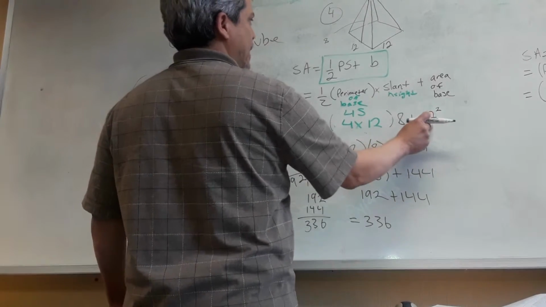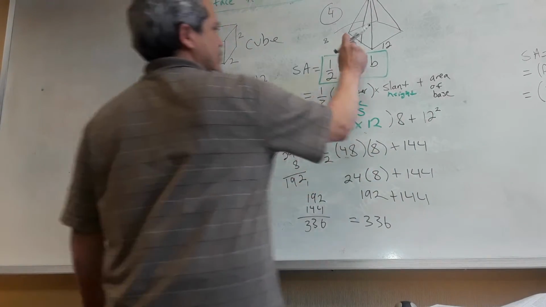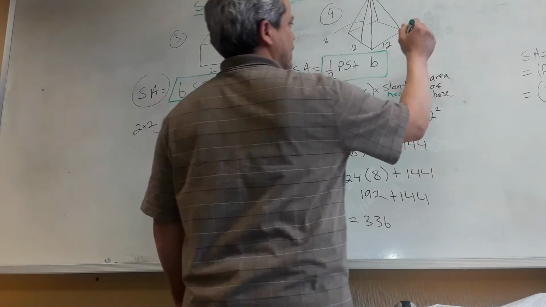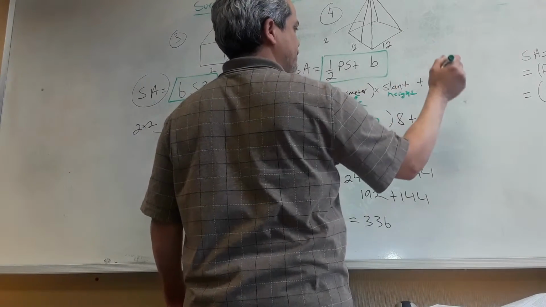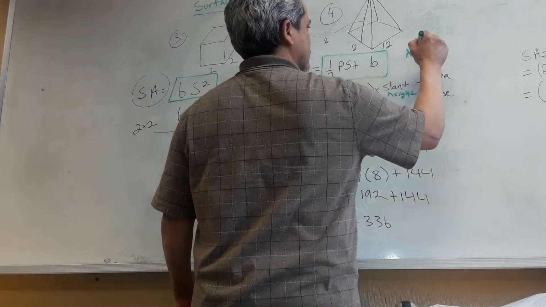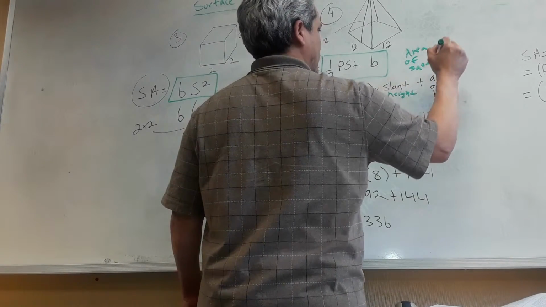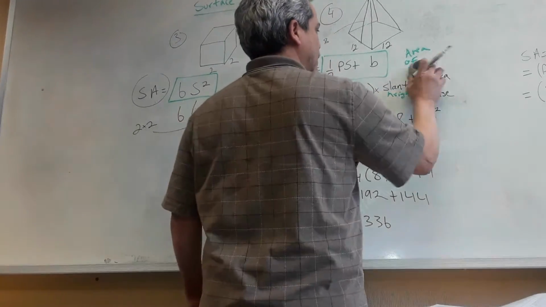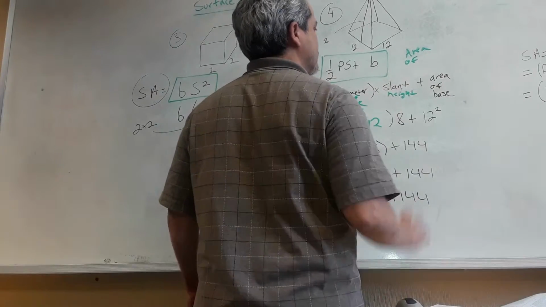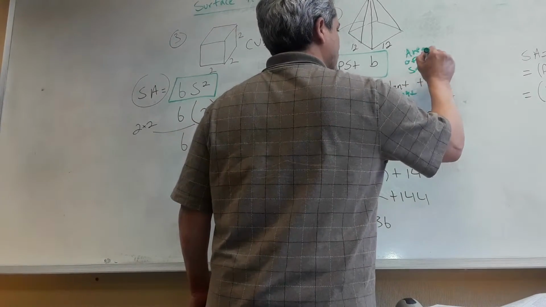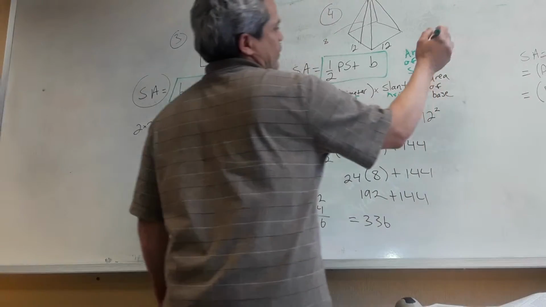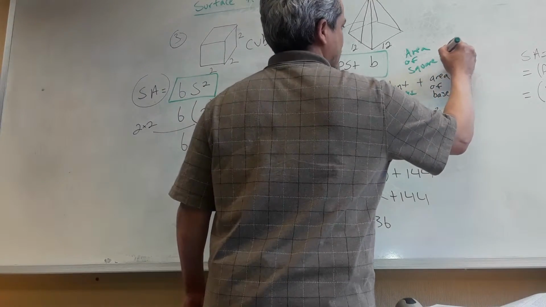And then area of base, remember it's a square. So area of a square is side squared. Remember that?